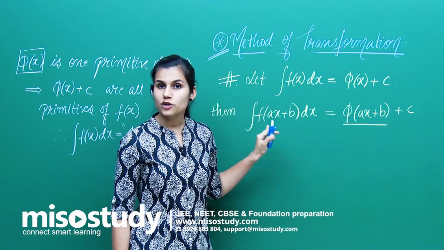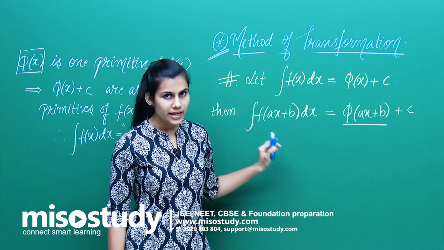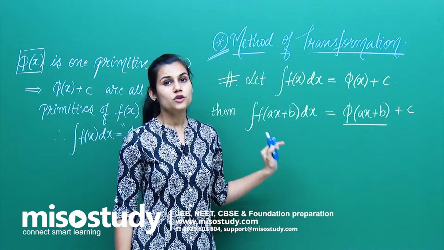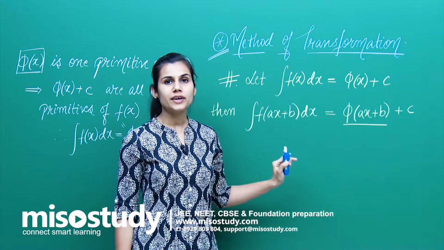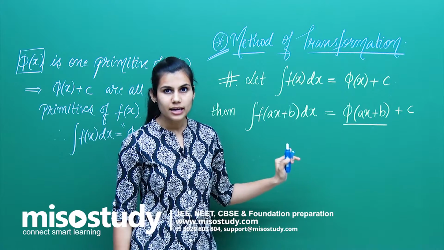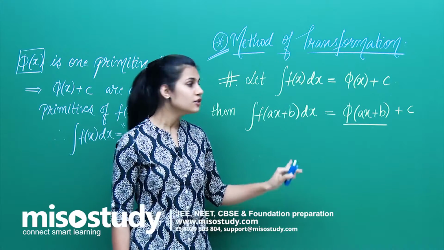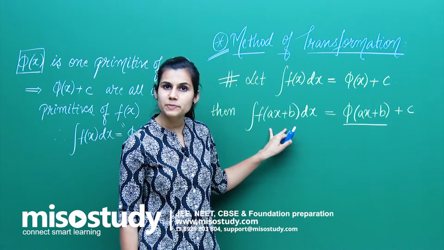What is d by dx of ax plus b? D by dx of ax plus b is d by dx of ax plus d by dx of b. D by dx of ax is a times d by dx of x, which is a times 1, that is a, plus d by dx of b, which is 0. So, you get just a as the answer of differentiation of ax plus b with respect to x.